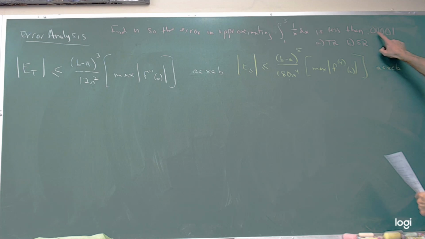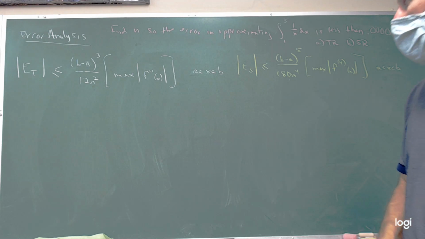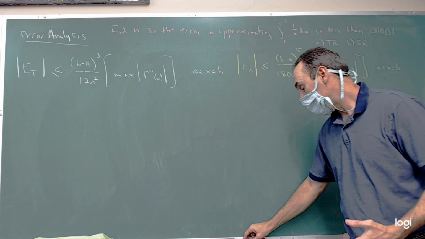So this is tenths, hundredths, thousandths, ten-thousandths, 1/100,000. So we want our accuracy to be within 1/100,000th of the actual integral.